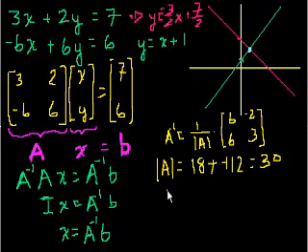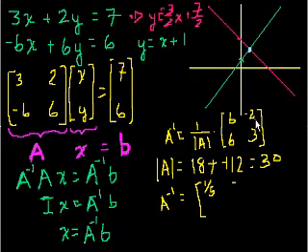So A inverse is equal to, we could even keep the 1 over 30 on the outside. It might simplify things. So A inverse is equal to what? This divided by 30, so that's 1/5... Actually, you know what?